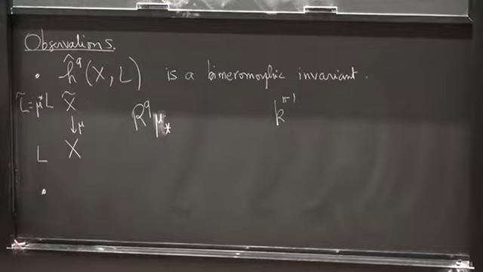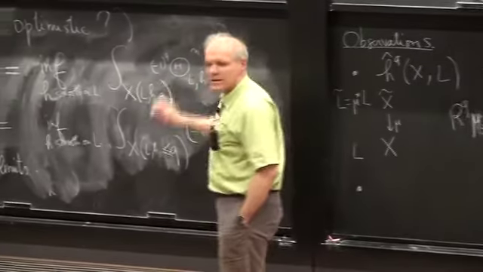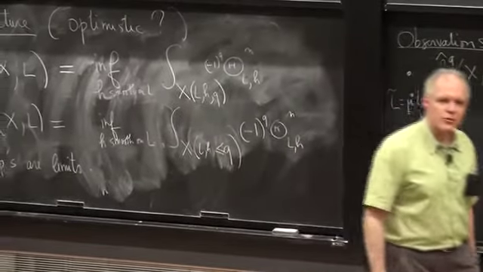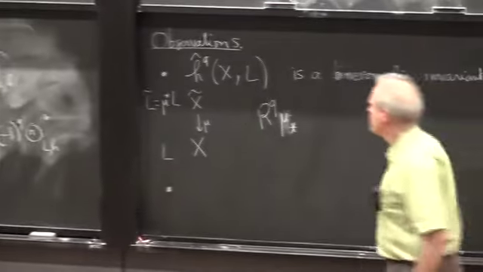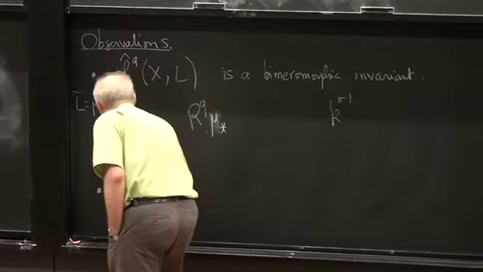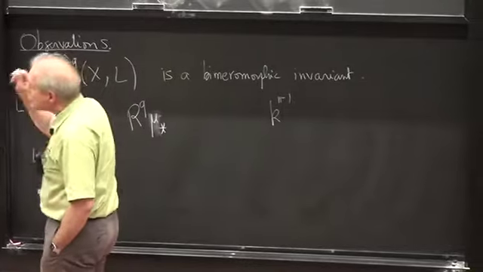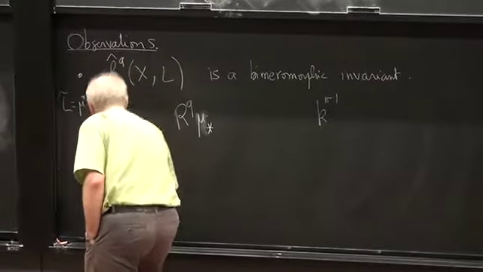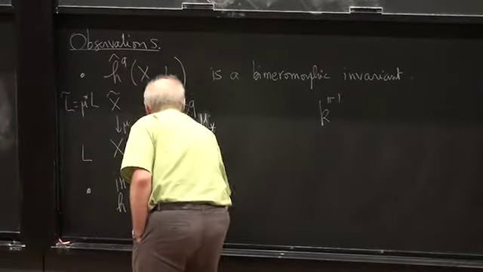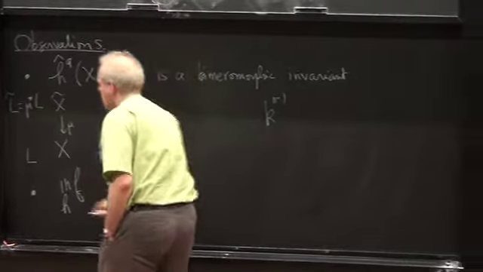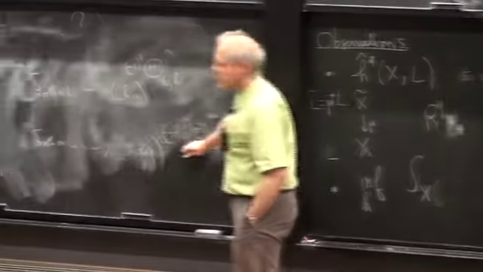It's a slightly more subtle argument to show that the Morse integrals, the infimum, are also bimeromorphically invariant. I don't write it for the second case, but it's also true.